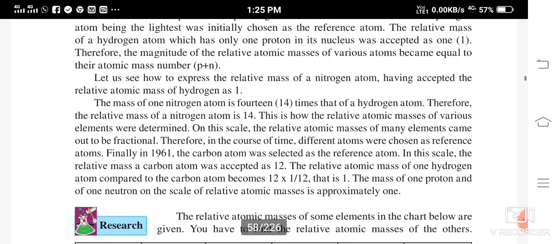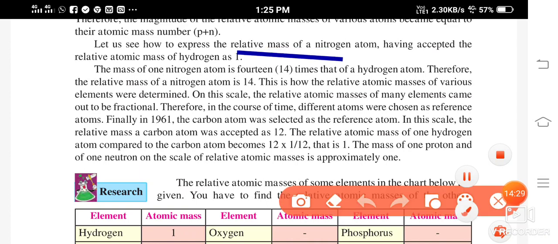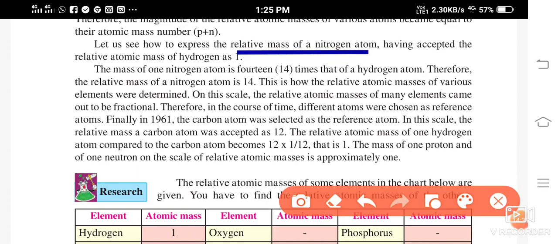Now, let us see how to express the relative mass of a nitrogen atom, having accepted the relative atomic mass of hydrogen as 1. For reference, you are going to take the mass of the hydrogen atom.